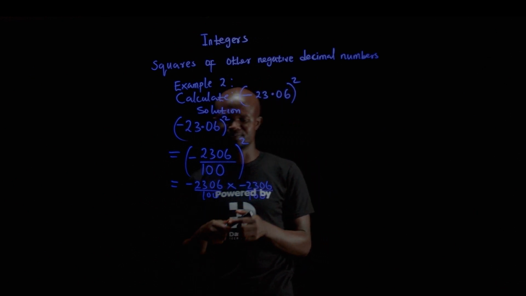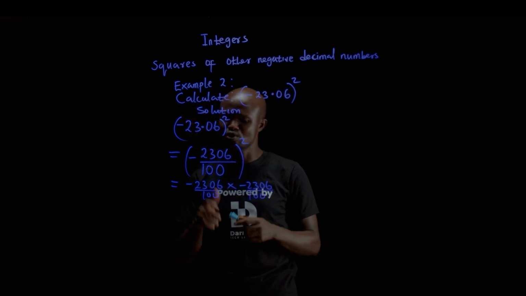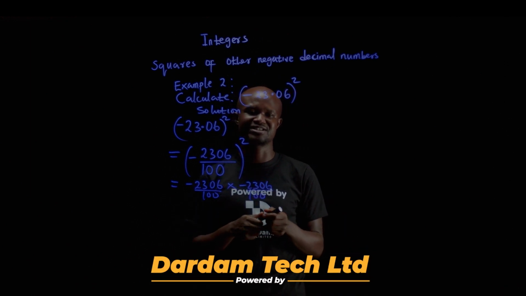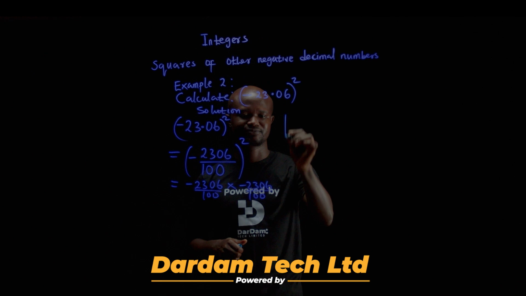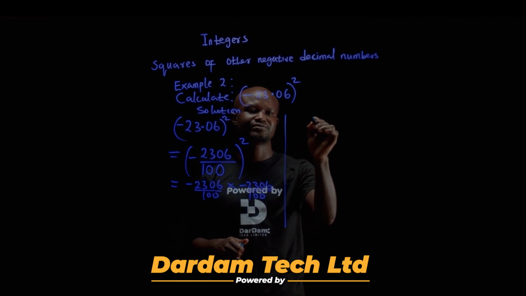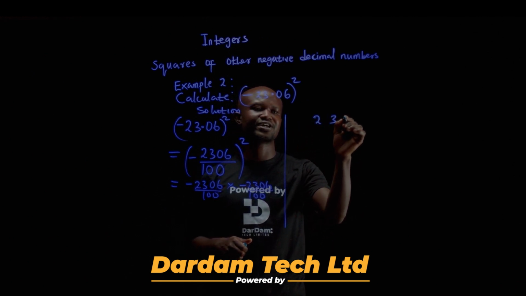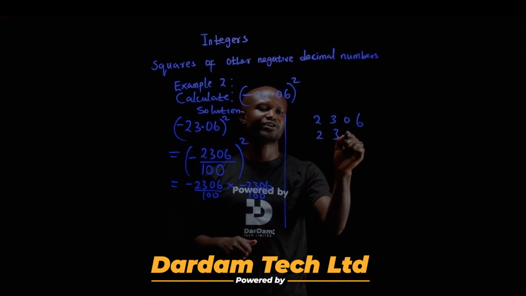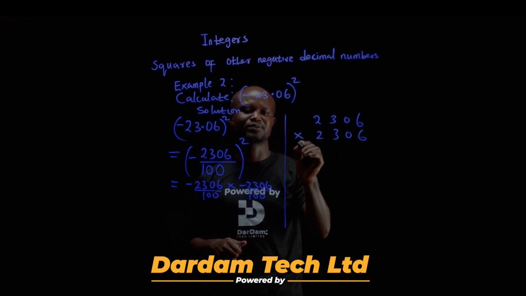So for the numerator, we need to multiply 2306 by 2306. Let's multiply together.